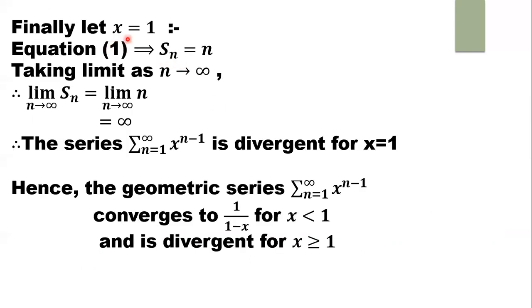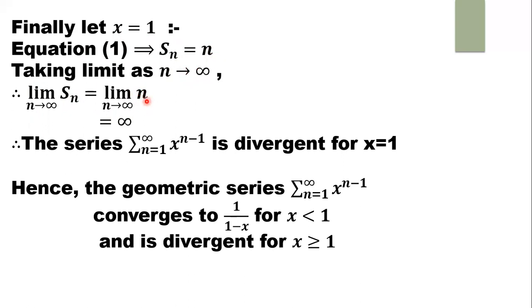Now finally, let x equal to 1. By equation 1, Sn is equal to n for x equal to 1. So now taking the limit as n tends to infinity, limit n tends to infinity Sn is equal to limit n tends to infinity n.